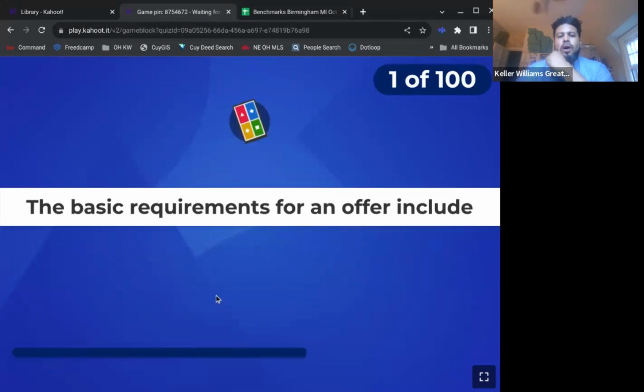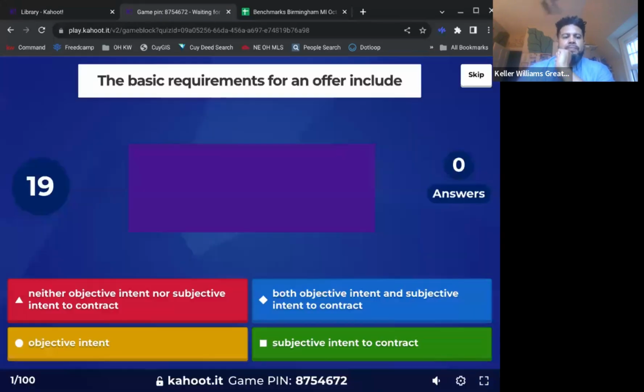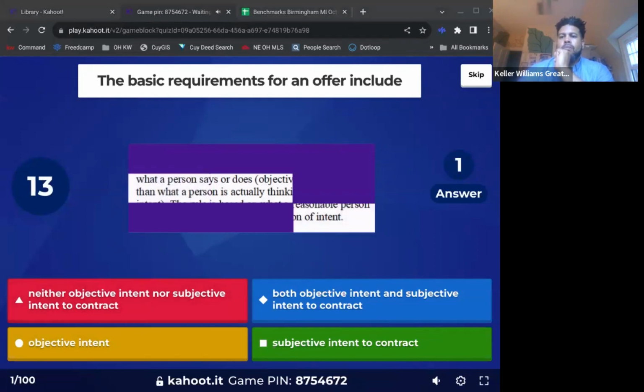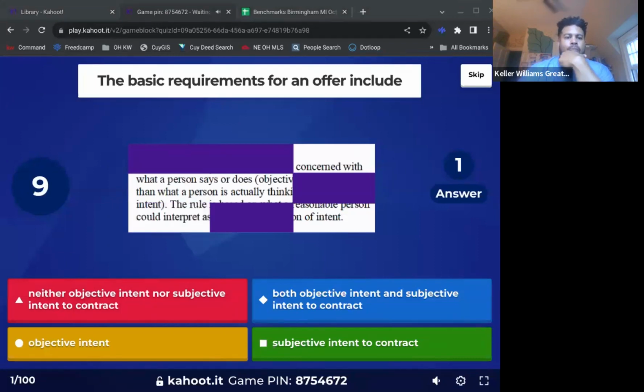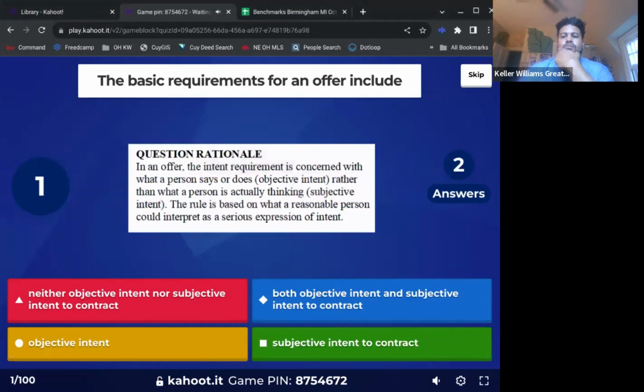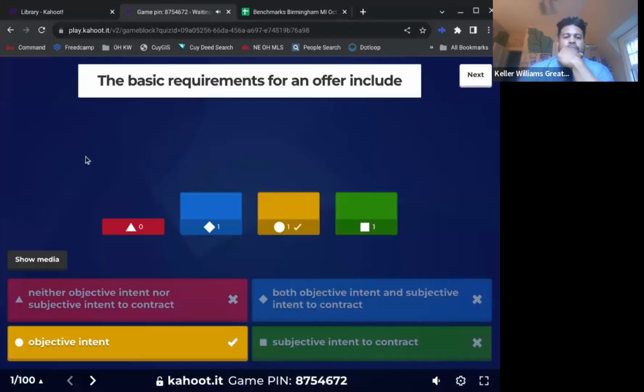The basic requirements for an offer include... all right. Got a good mix in there.